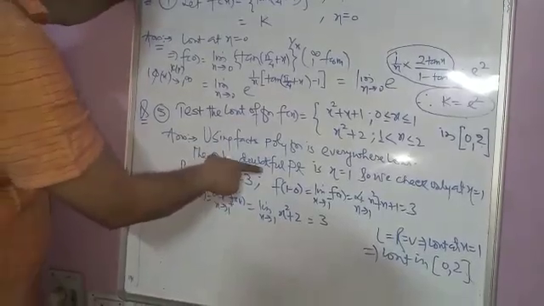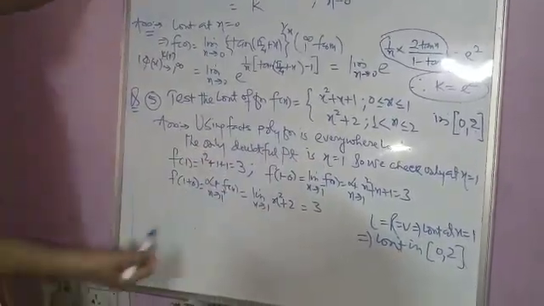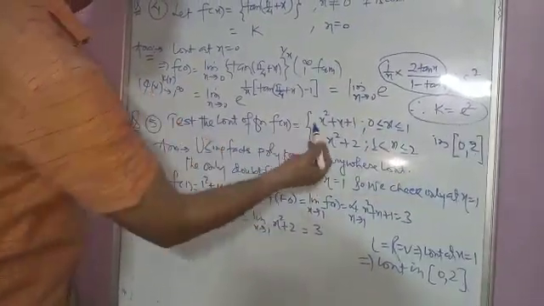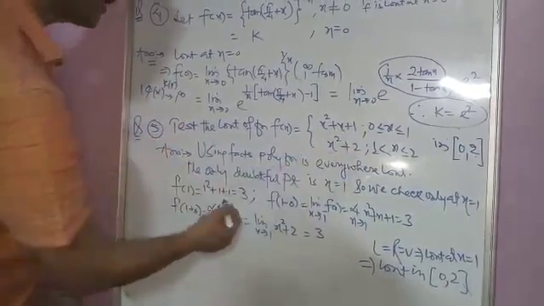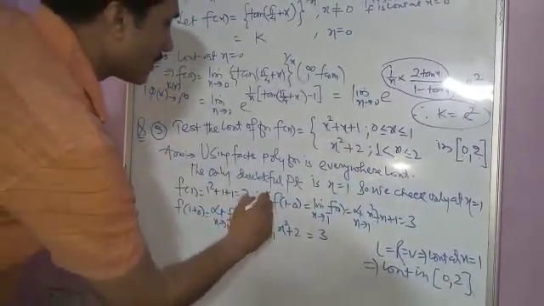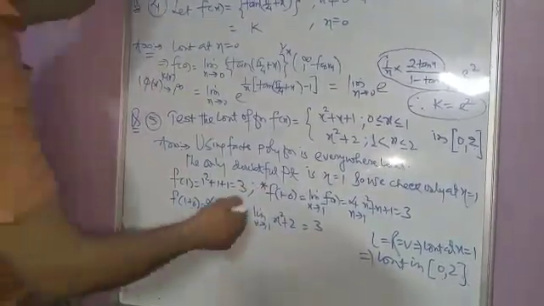So we check continuity at x equal to 1 only. f of 1 is the value of the function at 1, so obviously 1 square plus 1 plus 1 equals 3. f of 1 minus 0, here we notice without introducing h we find left hand limit and right hand limit.